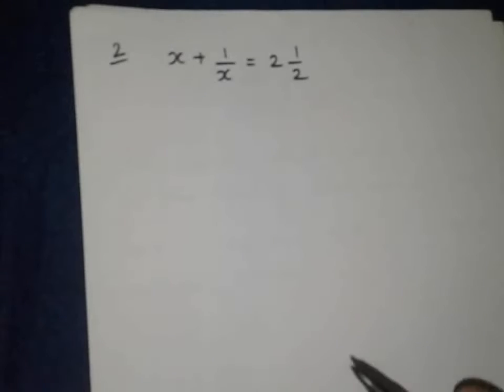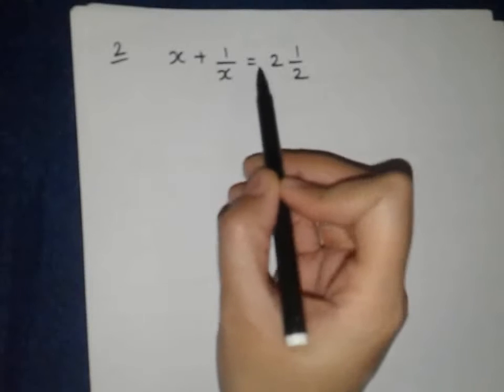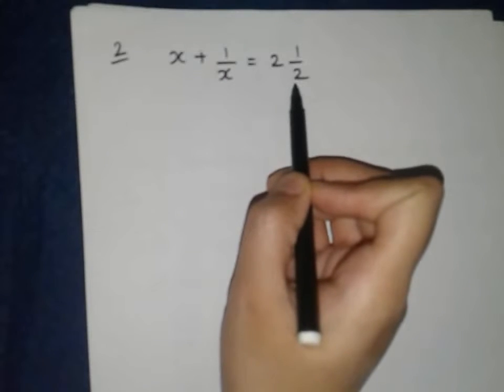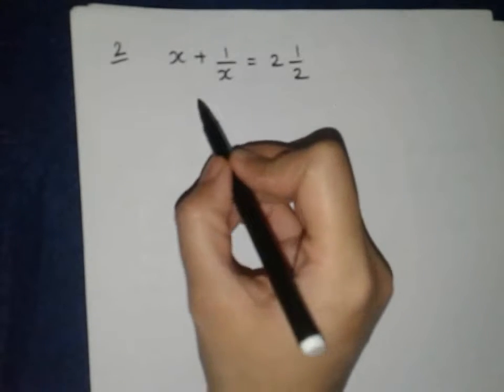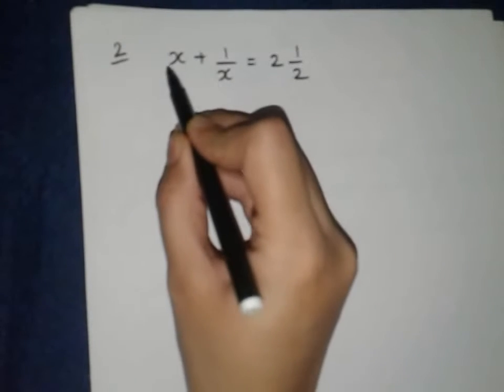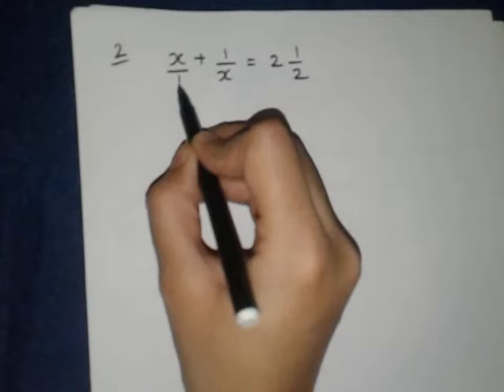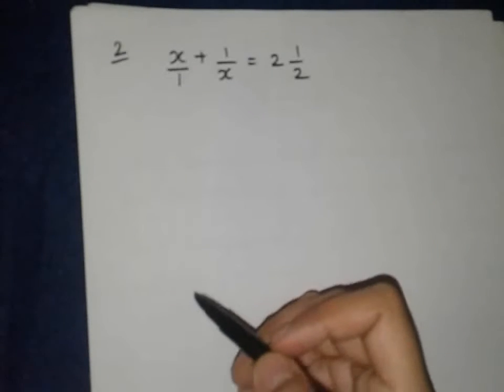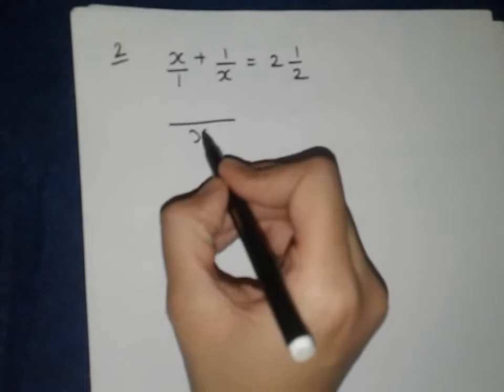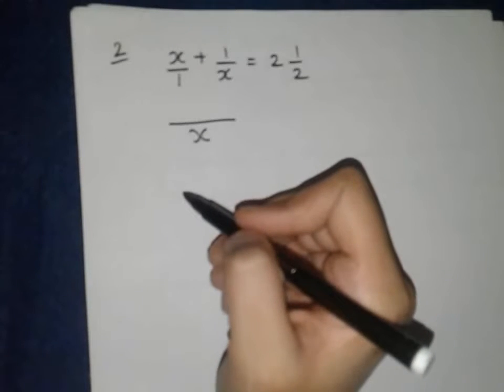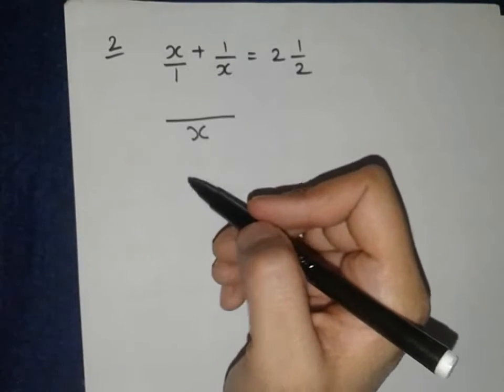Next question. x plus 1 upon x is equal to 2 whole 1 upon 2. How do you change it into quadratic form? For x plus 1 upon x, no denominator means we can consider it 1. Now we take the LCM of 1 and x, that is x, and just solve like fractions are solved.